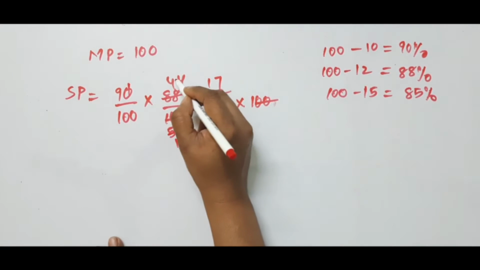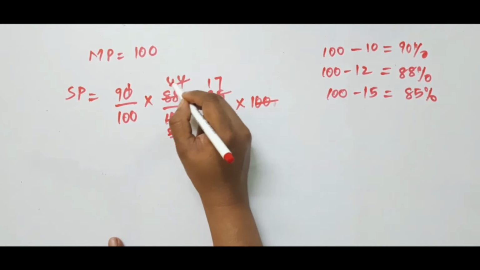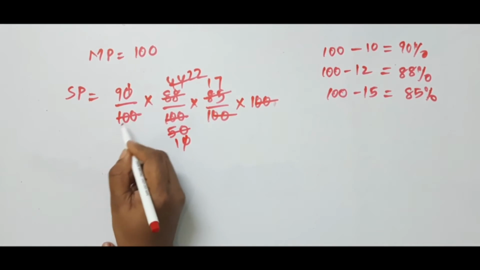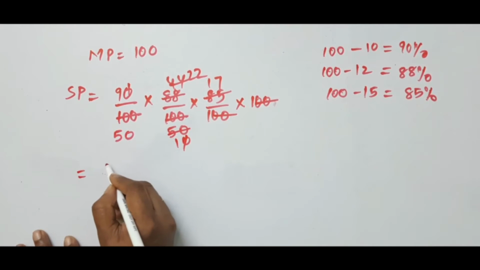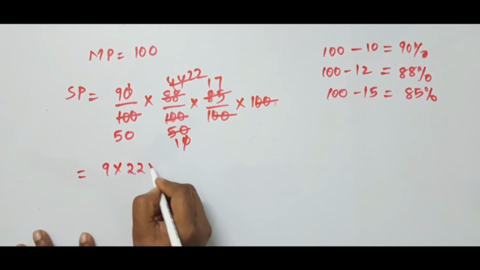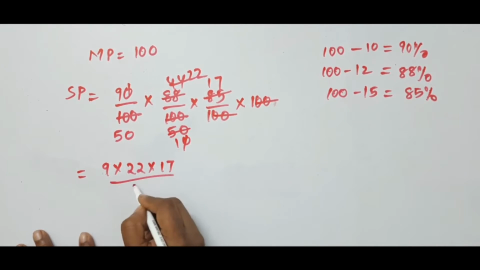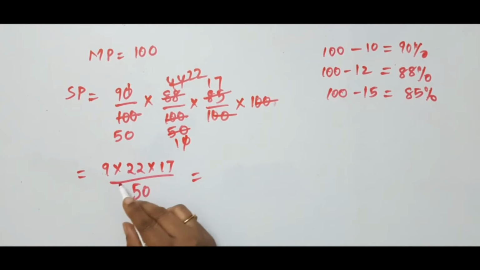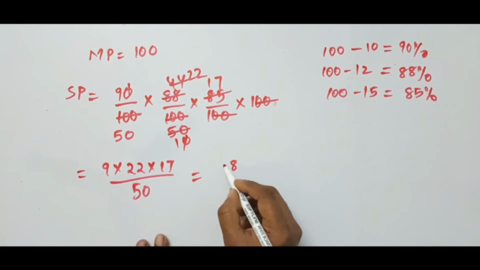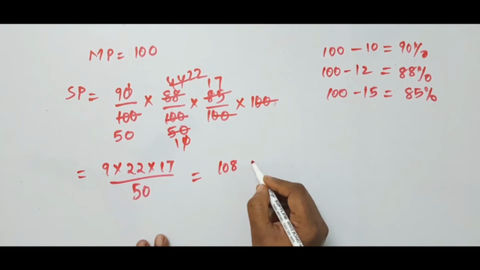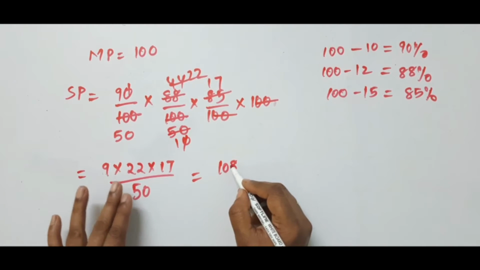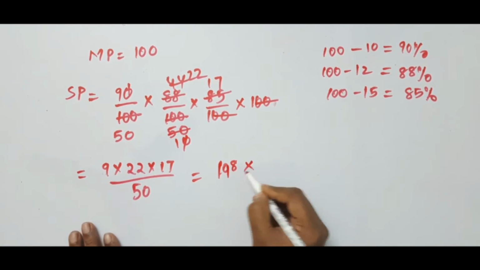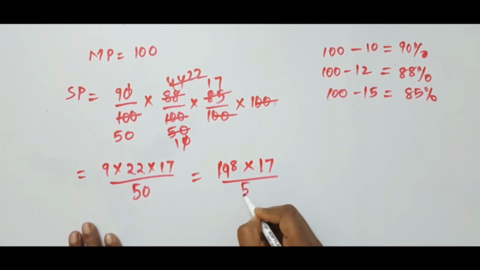Now we are left with 22 2 22s and it is 50. So we are left with 9 into 22 into 17 by 50. So 22 into 9 is 198, into 17 by 50.